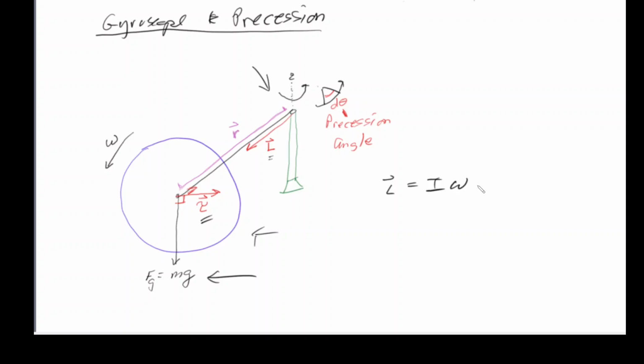And since L is parallel to R, we then know that the torque is perpendicular to L. And this is because torque is equal to R cross F. So let's look at the diagram.